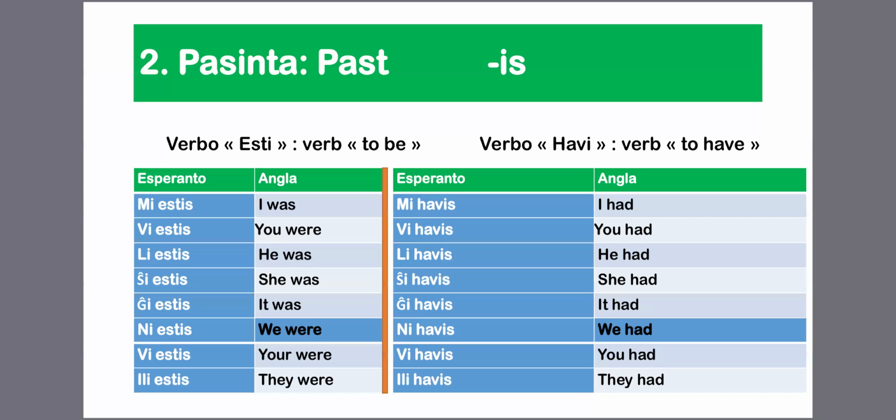Si vous voulez utiliser le passé en Espéranto, c'est IS, avec les terminologies qu'on vient juste de mettre ici. Si vous voulez conjuguer le verbe être qui est esti, vous devez ajouter IS à la fin de chaque verbe.